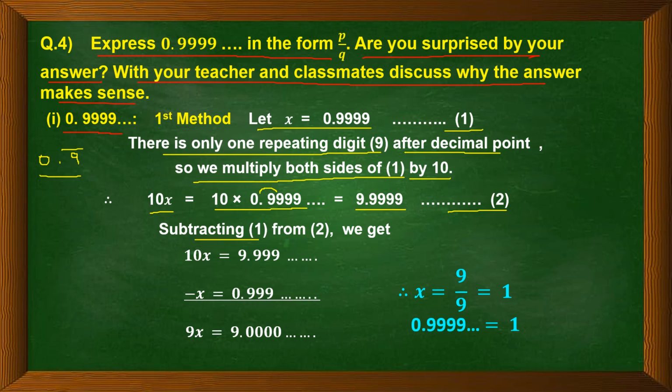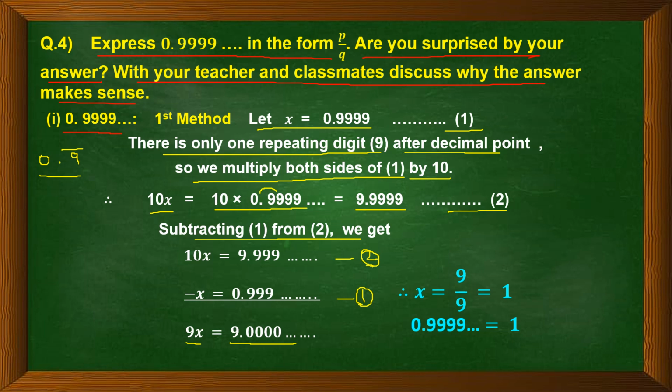Now subtracting 1 from 2, we get, first of all, write down, this is the second equation. I have used the vertical form over here. This is the first equation. So 10x minus x is 9x, and 9.999 minus 0.999, you will get 9.000. All the digits after the decimal point will turn into 0. Now we are left with 9x is equal to 9.